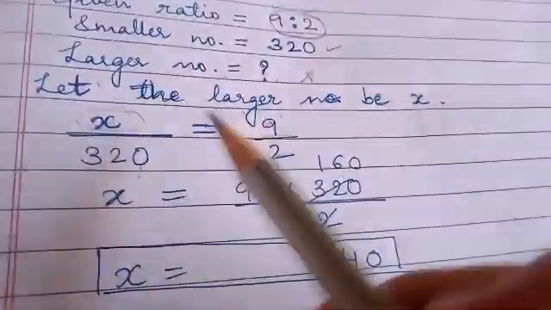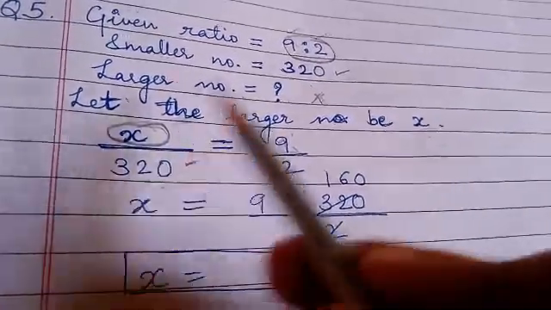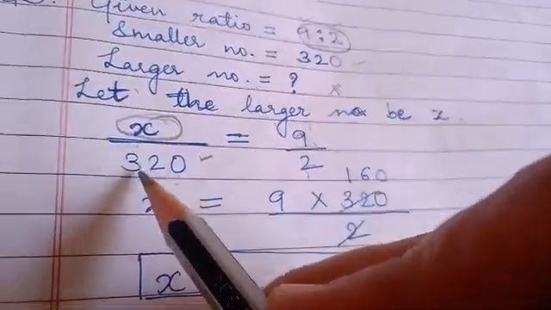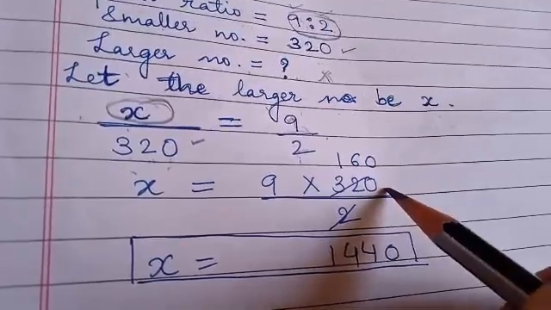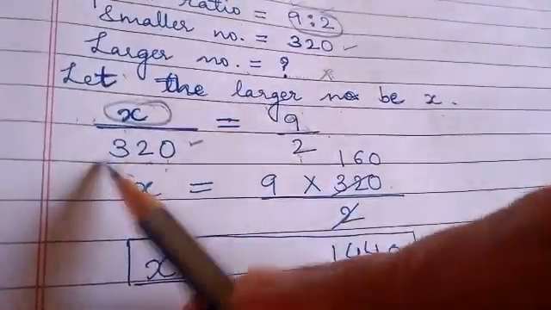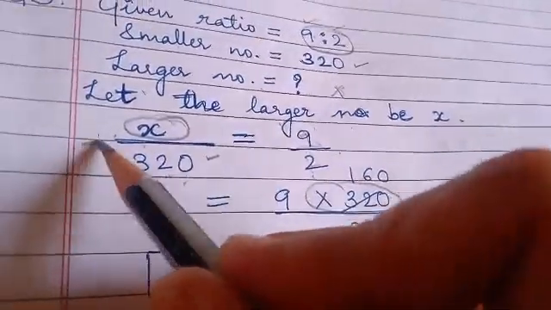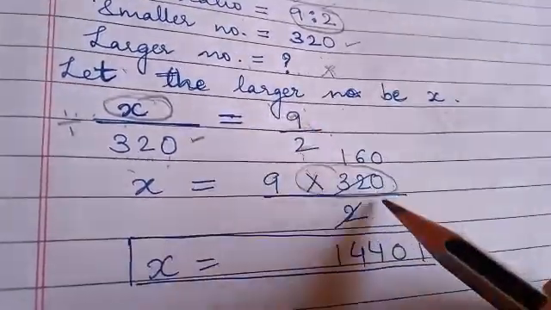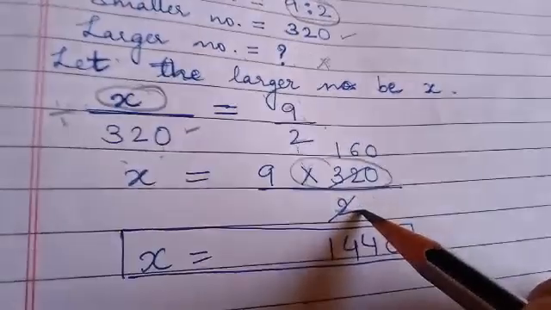Now, we have to find only x. So keep x and transfer 320 to the RHS. x is divided by 320. When it is division, it will become multiplication when it goes to the RHS. So divided by 320 becomes multiplied by 320, and the rest of the things as it is. 9 multiplied by 320 upon 2.